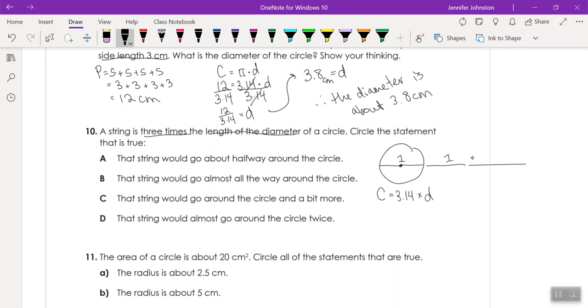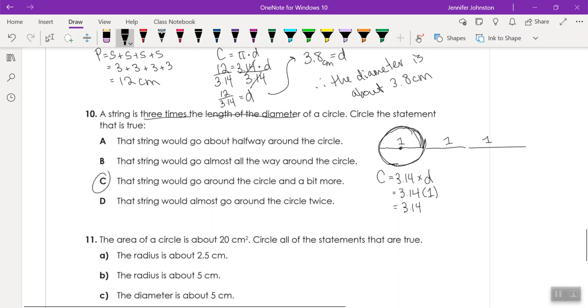Right, and let's say this string length is 1. So we have 1 here, and 1 here. So then our diameter would just be 1. So 3.14 times 1 would give us 3.14. So that means if we stretch it out, it goes around our circle here, and it goes a little bit past.